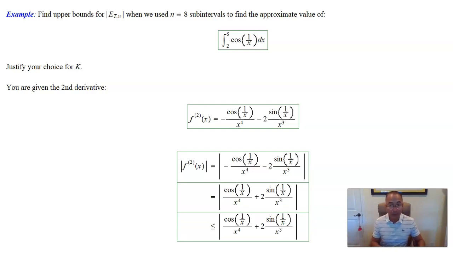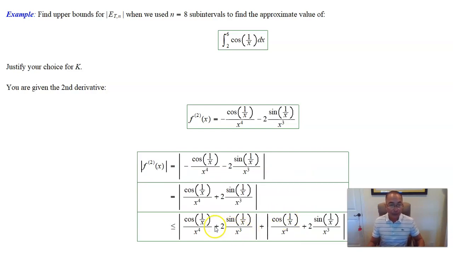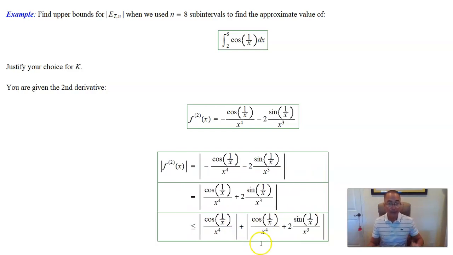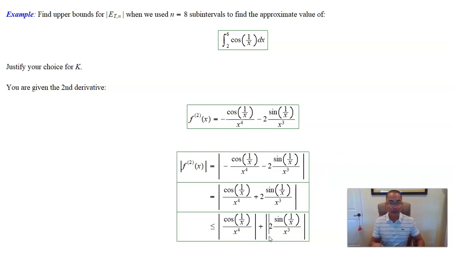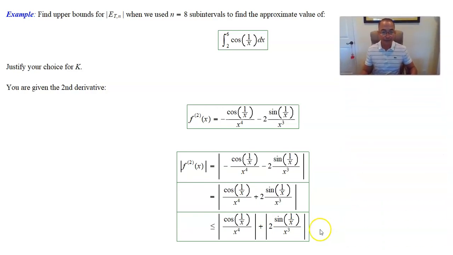I'm going to make 2 copies because we are going to add them together. Right, so the first absolute value will contain the first term. The second absolute value will contain the second term. Let me get out of the way here. Okay. So the absolute value of the sum of these 2 things is at most the sum of the absolute value of the individual terms.